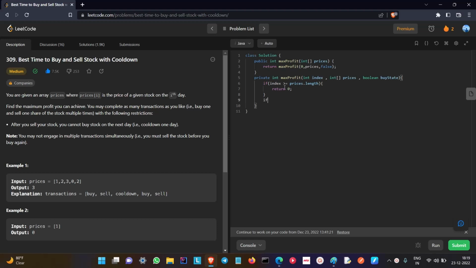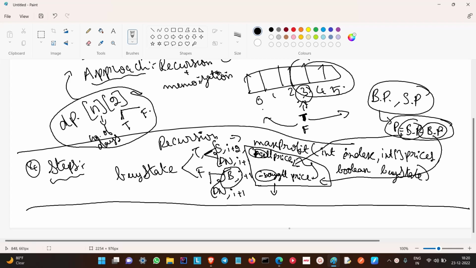If buy state is true, which means we have bought a stock, we can either sell or do nothing. So we'll return the maximum of sell and do nothing. While we sell the stock, we'll add the current price, that is the sell price.